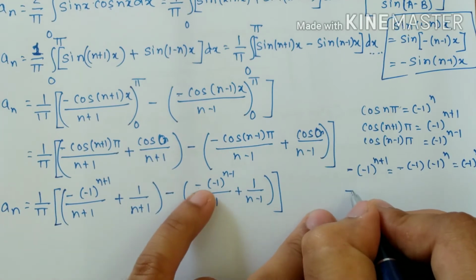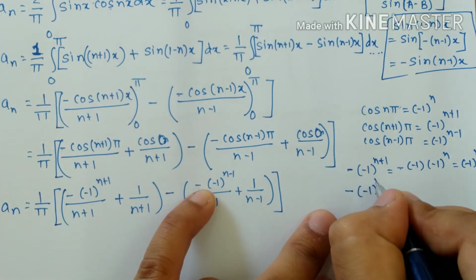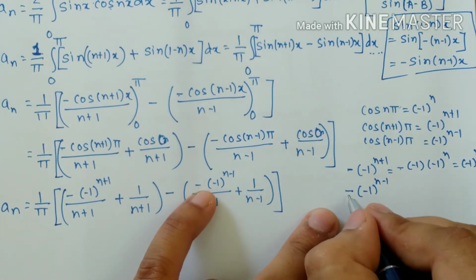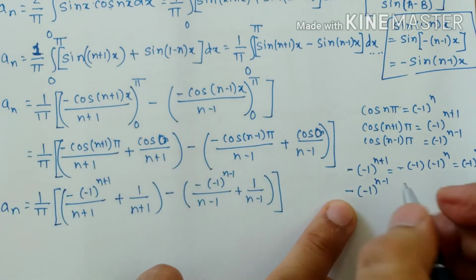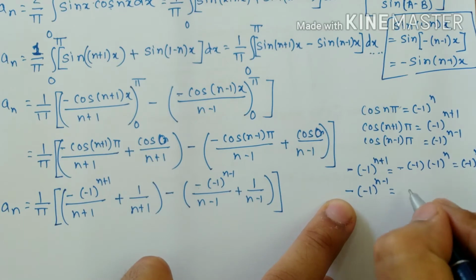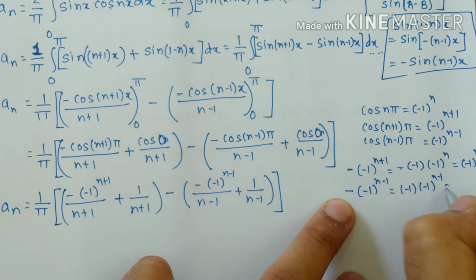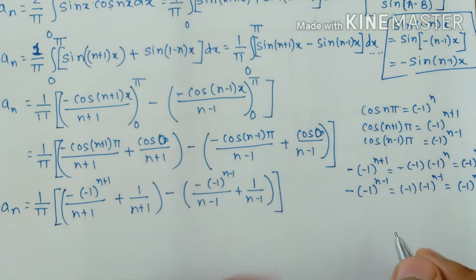Now for the second term, minus of minus 1 raised to n minus 1. We absorb this negative sign to make the similar term so that we can get a common factor from here. So this minus can be treated as a minus 1, hence we will have minus 1 raised to n.